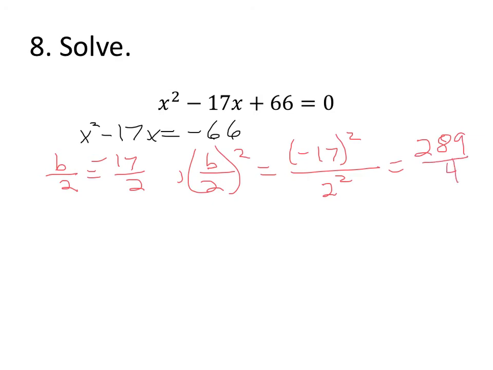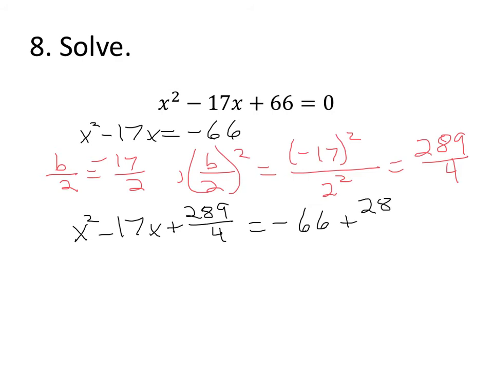Okay, so what we're going to do is add 289 over 4 to both sides, and on the left that gives us x squared minus 17x plus 289 over 4, and on the right it gives us negative 66 plus 289 over 4.